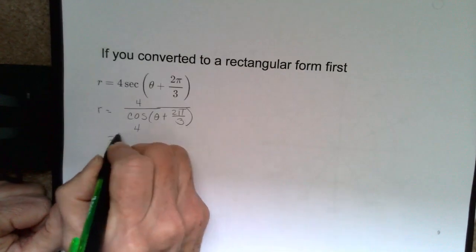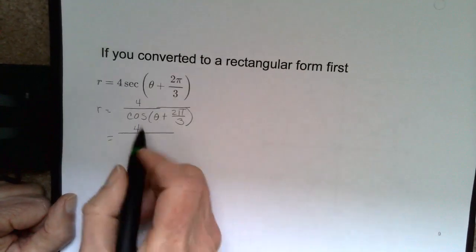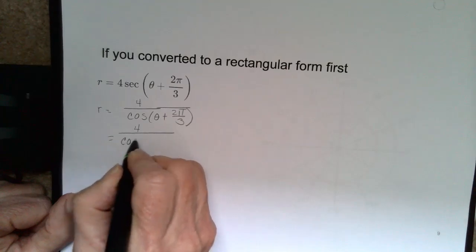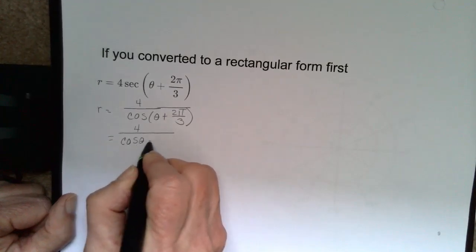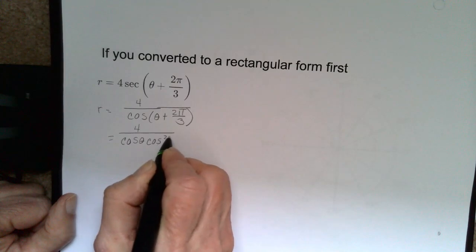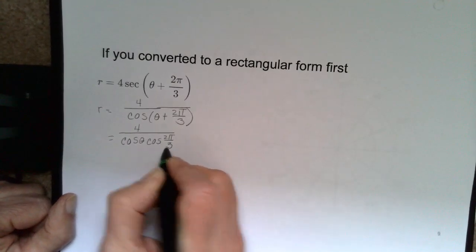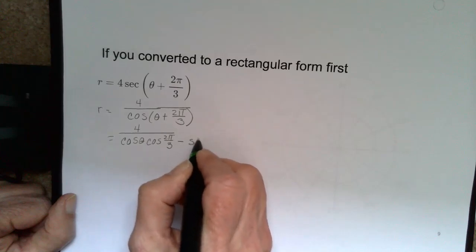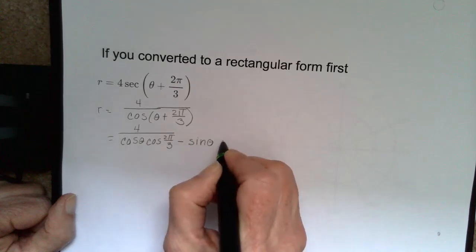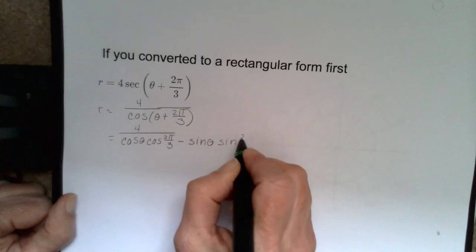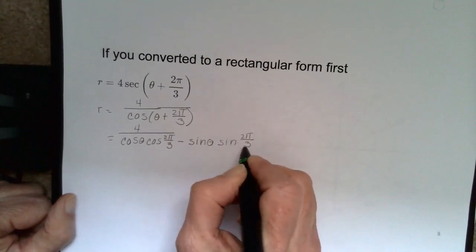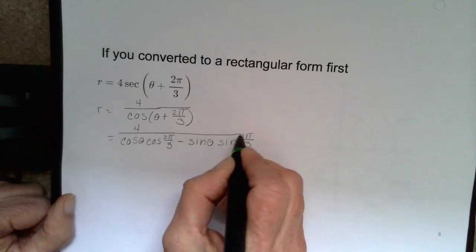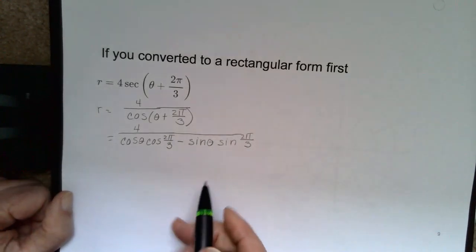So 4 over the cosine of theta, cosine of 2 pi over 3, minus sine of theta, sine of 2 pi over 3. Okay, so I have values here.